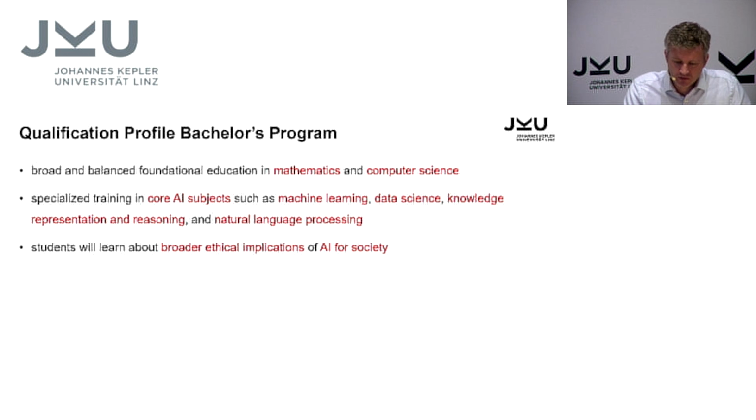Let's now have a quick look at our qualification profile, which you can of course also find in the curriculum itself, which is online. The goal is to give you a broad and balanced foundational education in mathematics and computer science with specialized training in core AI subjects such as machine learning, data science, knowledge representation and reasoning, and natural language processing.